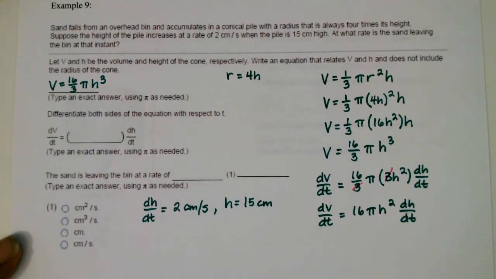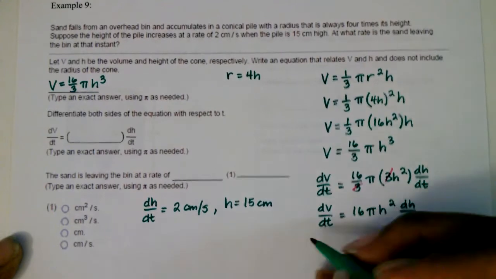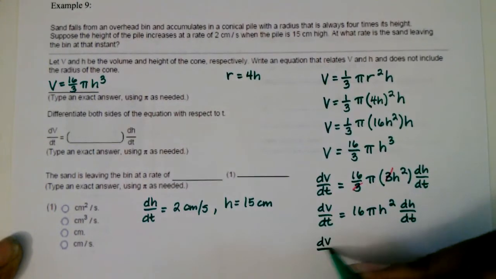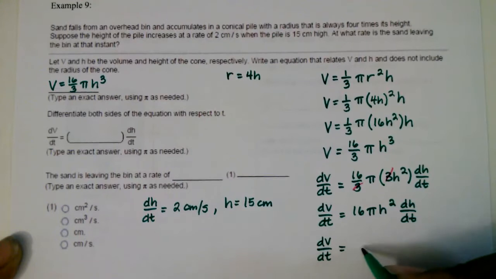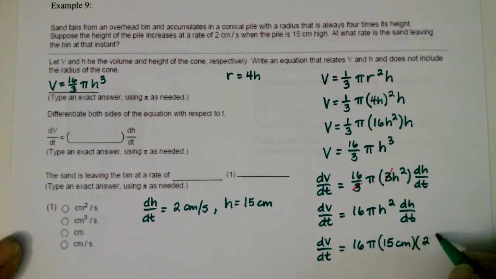Now we can find the rate that the sand is leaving the bin at that instant. That's a change in the volume, dV/dt. So dV/dt would be 16 pi times the height, which is 15 centimeters, times dh/dt. dh/dt was 2 centimeters per second.